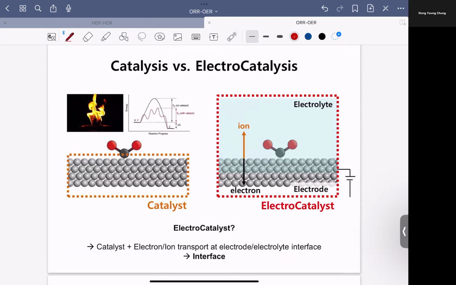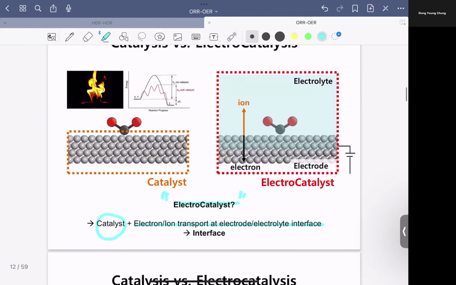Because we handle the ion and electron separation at the interfaces between electrode and electrolyte. So that's the reason why electrocatalysis can be defined by not only the general concept of catalysis, but also we have to think about what happens between electrode and electrolyte. That's the reason why we say electrocatalysis can be defined as an interface phenomenon, right?